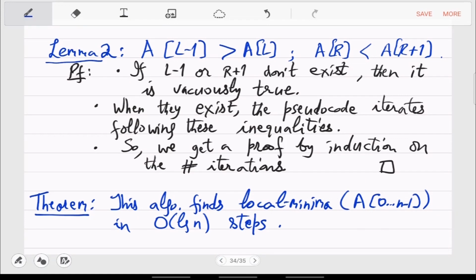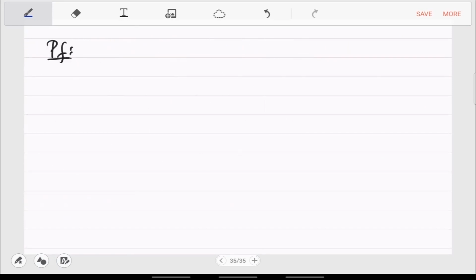You basically apply lemma 2 again and again, log n many times. And in the end, L and R will become equal, because L is increasing and R is decreasing. So at some point, they will try to cross each other, and at that point you will halt. The crossing point is where L and R actually become equal, so you get one element. So the interval becomes a singleton.